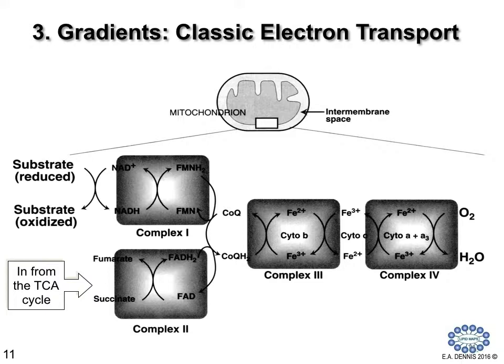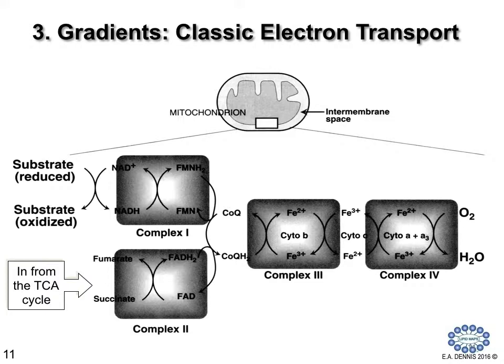Analogously, with some of the reactions, like the conversion of succinate to fumarate in the TCA cycle, FAD is reduced to FADH2 by picking up an electron, and that electron is transferred to coenzyme Q similarly to the preceding example.